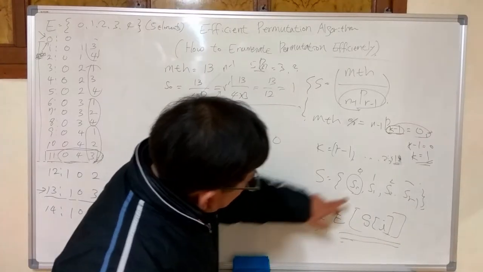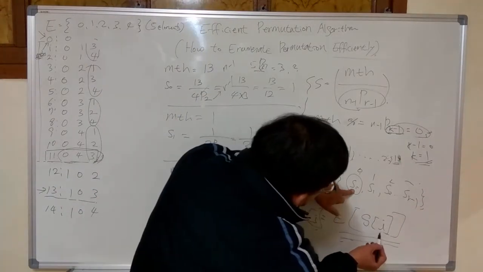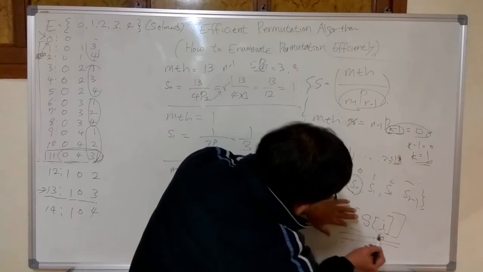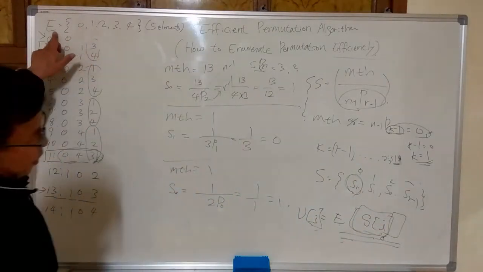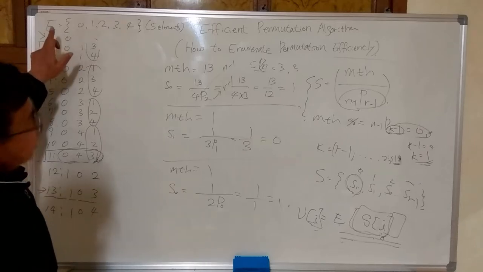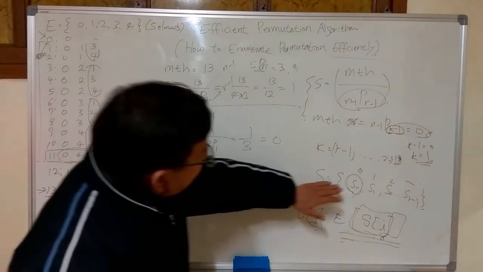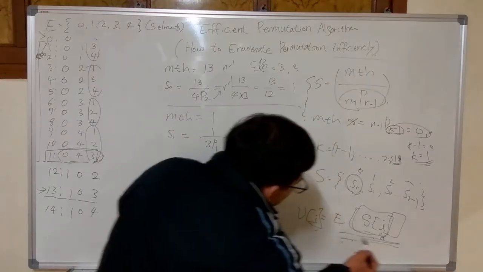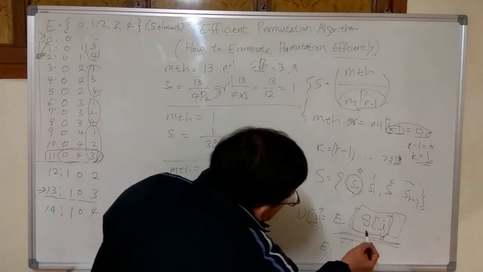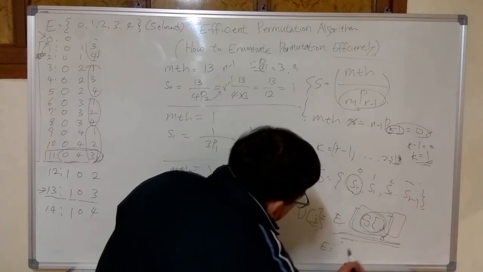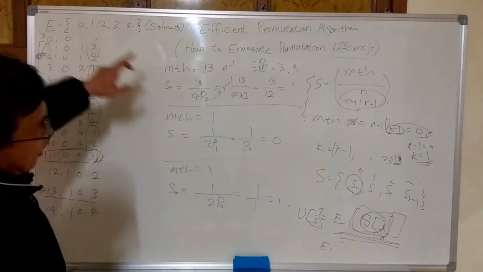The zeroth element: if this i is 0, S0, then it becomes the index. But each time we apply this rule, each element should be deleted.